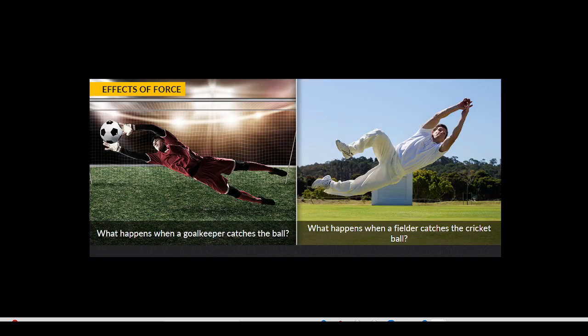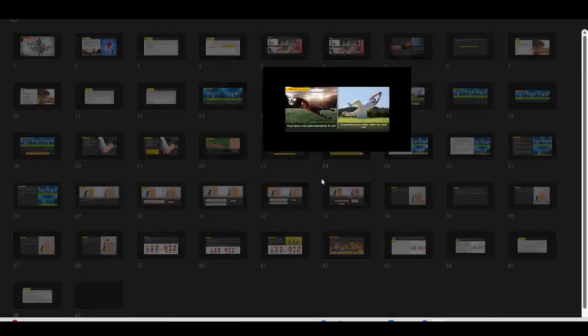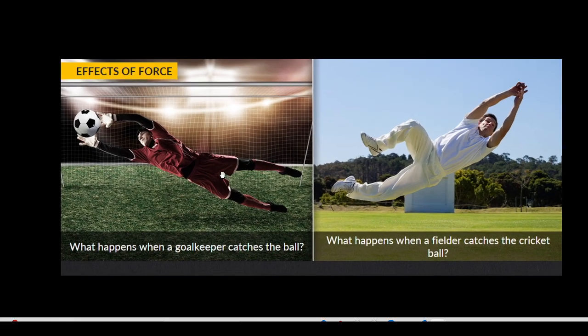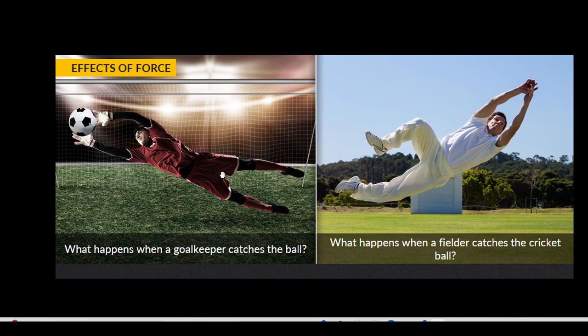Now, what happens when a goalkeeper catches the ball? The ball stops moving. Very good. And what happens when a fielder catches the cricket ball? It stops moving. Good. So basically, that means the second effect of force.